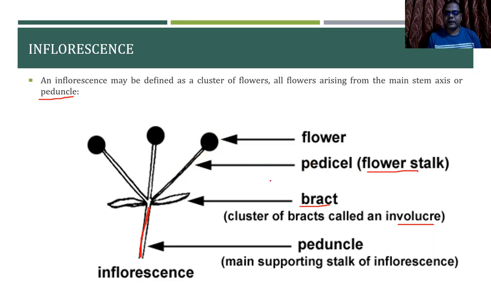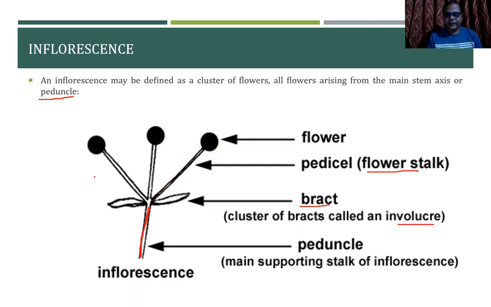So when we hear that the flower is pedicellate or the flower is sessile, it is talking about this particular area, the pedicel. If there is no pedicel, the flower will be on the peduncle directly, and this is what we call the sessile flower. So these are the flowers.